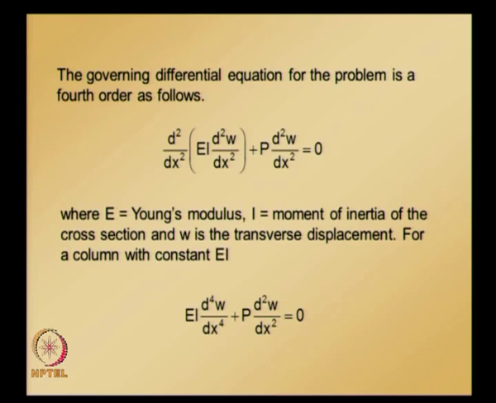So now let us look at the boundary conditions. Since we are dealing with a simply supported column, the transverse displacement at both ends is going to be 0 and also the curvature at both ends is equal to 0.